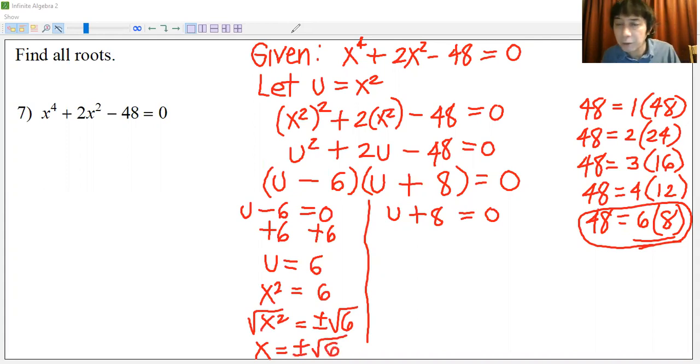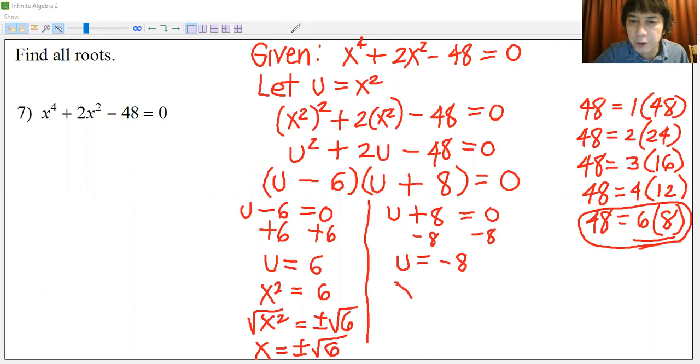Going to the other equation, U plus 8, we shall subtract 8 from both sides, and our U is equal to negative 8. And then we replace our U by our substitution. That letter U is x squared.